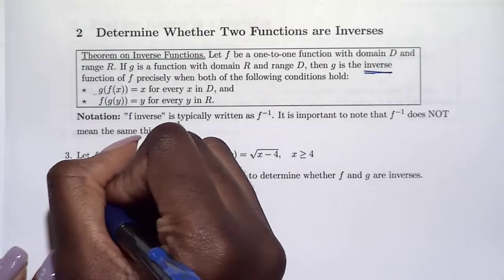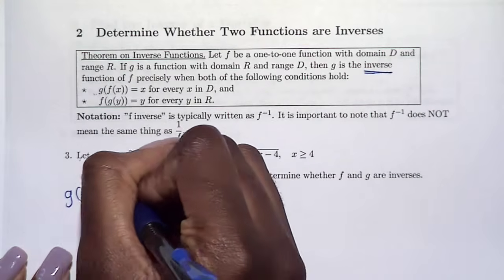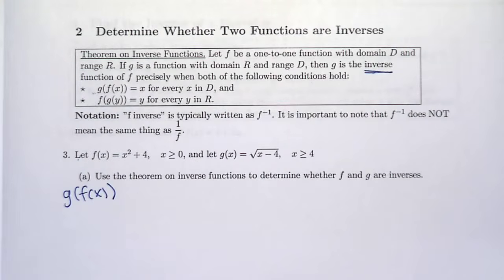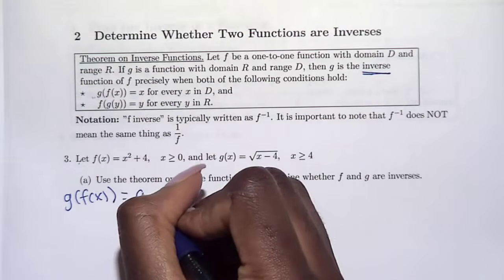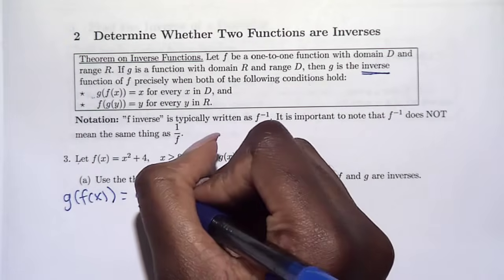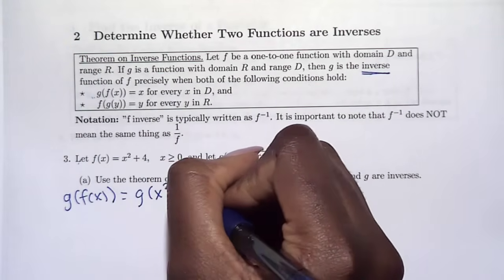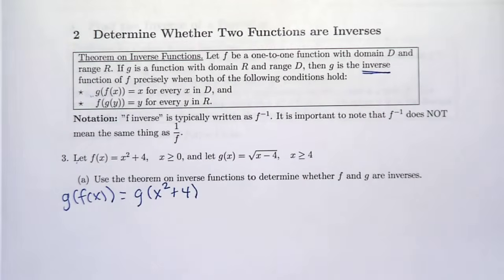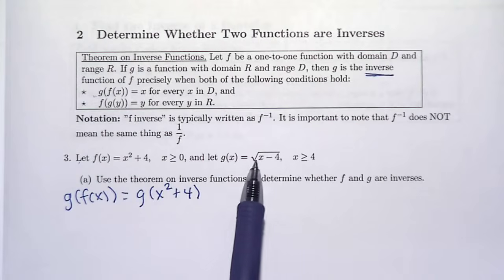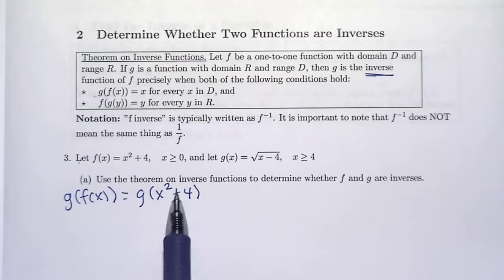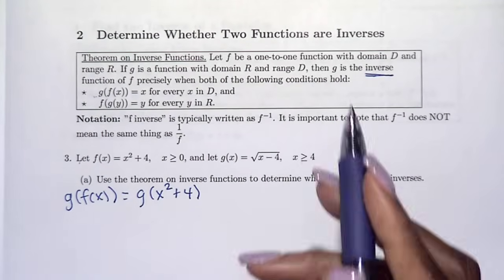So first, let's find g of f of x. Remember, composition of functions. f is on the inside, so we use that first. We're plugging in our function f, which is x squared plus 4, and replacing x in g with x squared plus 4.